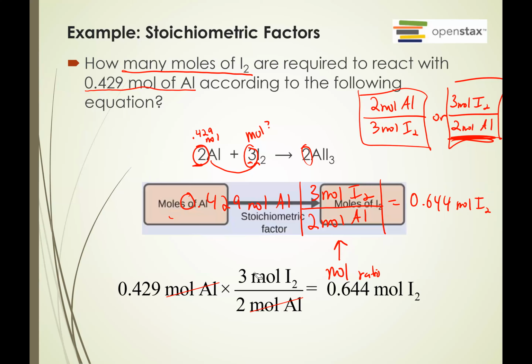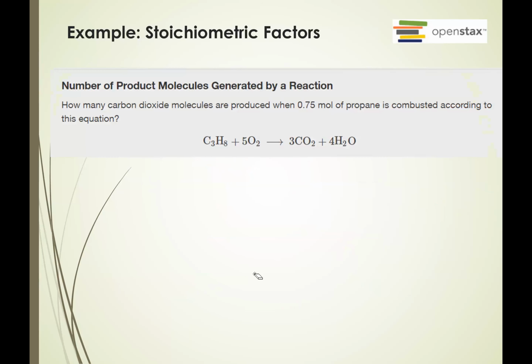So let's try this one, because this one will be a great example of that. How many carbon dioxide molecules are produced when 0.75 moles of propane, propane is C3H8, is combusted along this equation? Okay, so again, once you see a balanced chemical equation, you're probably going to use the balanced chemical equation.